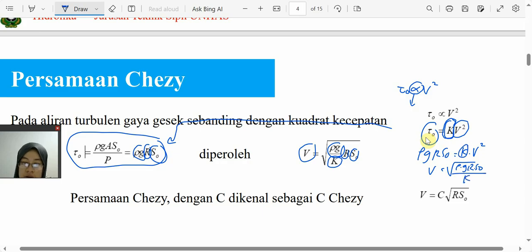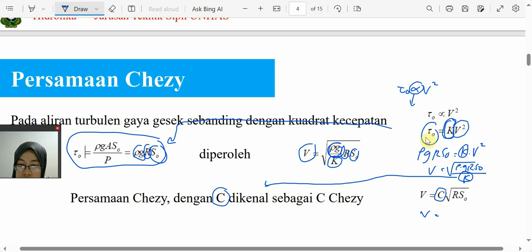This K later we know as the Chezy coefficient. In the Chezy equation, Chezy used the symbol C to write the Chezy coefficient.